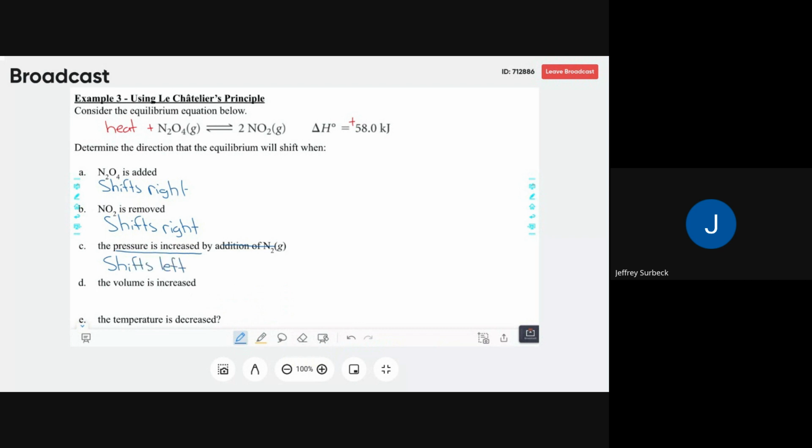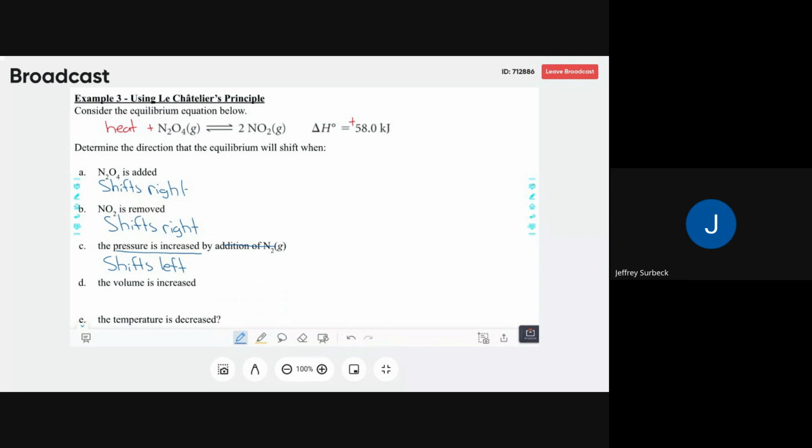Okay. Now, we didn't talk about this, but we have to think about it. If the volume is increased, I'll just use my hands as an example. Originally, we had this big of a container. Now we have this big. A lot bigger. Volume increase. What happens to pressure? The same amount of stuff is in there. Pressure decreases.